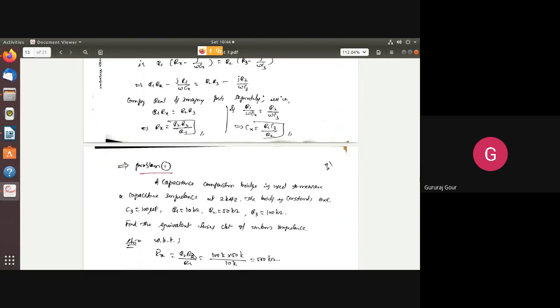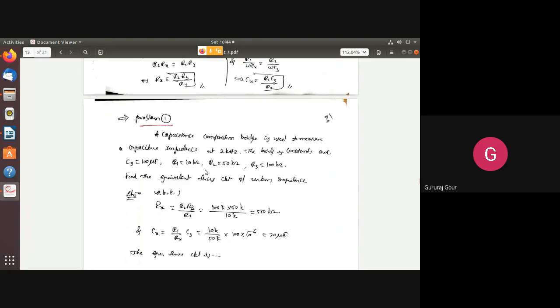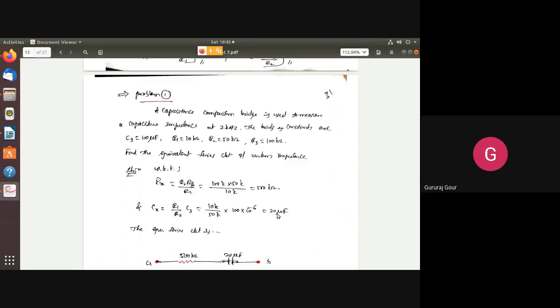R2 is 50 kilo ohm, R3 is 100 kilo ohm, divided by R1 of 10 kilo ohm. Substitute and use the calculator. We get unknown resistance Rx equal to 500 kilo ohms. So don't forget to write the units.